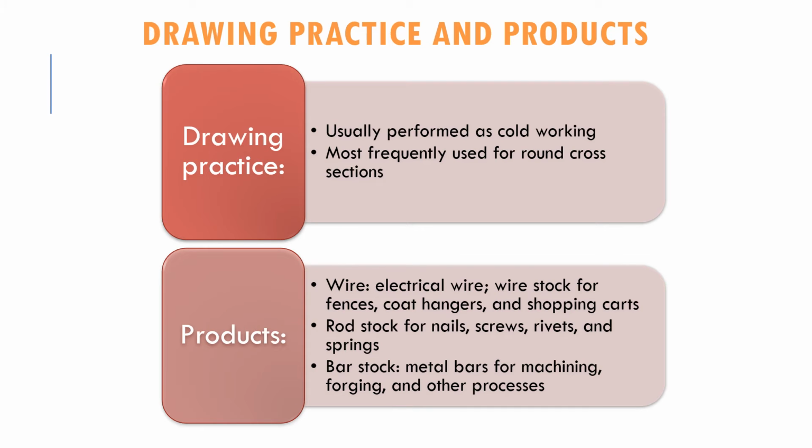Drawing practice is usually performed as cold working. Why is cold working used? Because it usually involves very small material. If you use hot material, when it is pulled there is a possibility of necking.